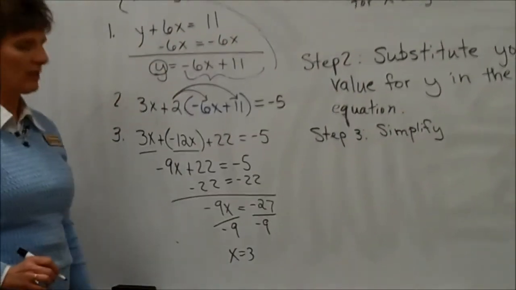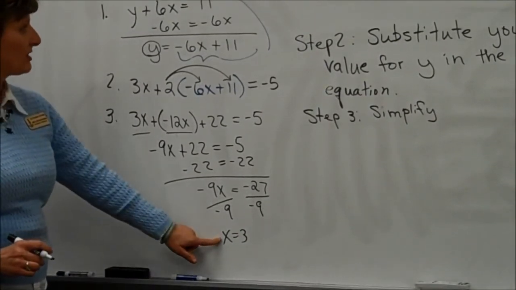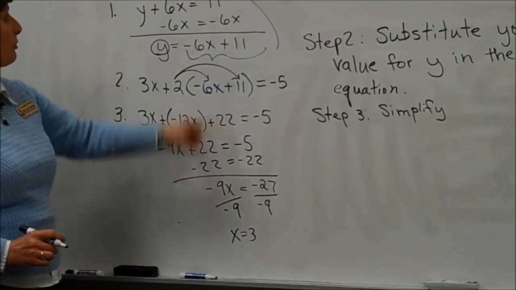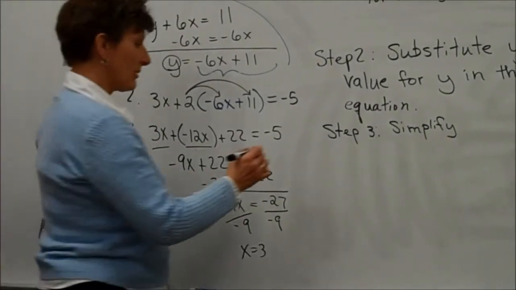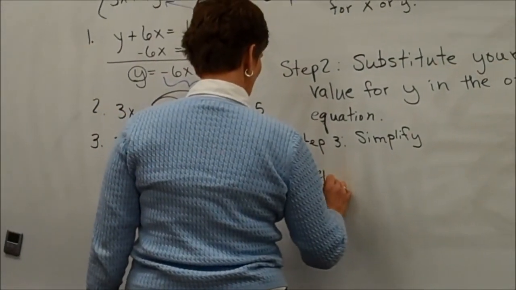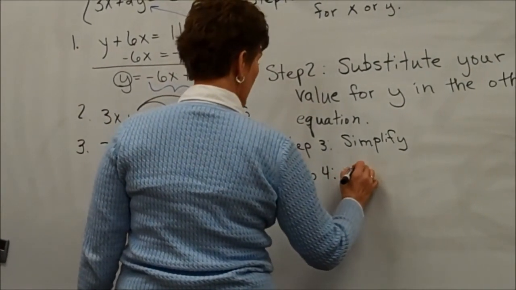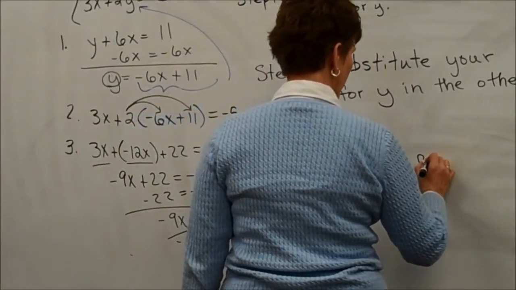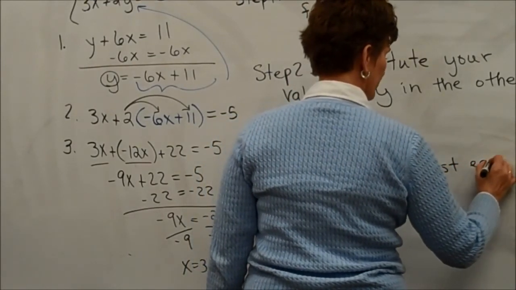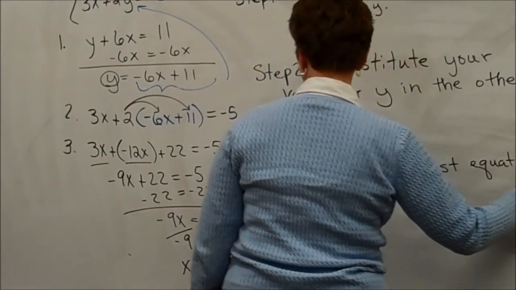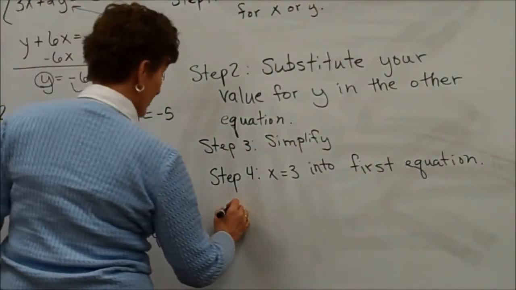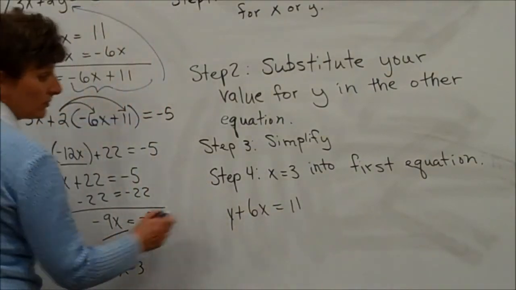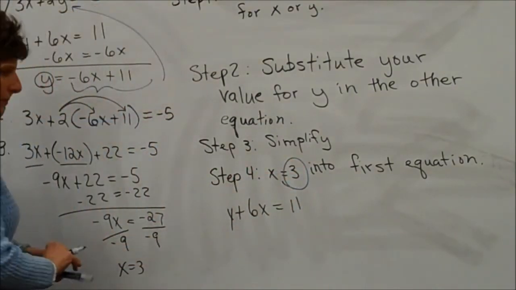Now I know the x value in my ordered pair. I'm going to substitute this value for x into one of the first equations. So I'm going to pick the first equation, and I'm going to substitute x equals 3 into the first equation. So I have y plus 6x equals 11. I know my value for x is 3.